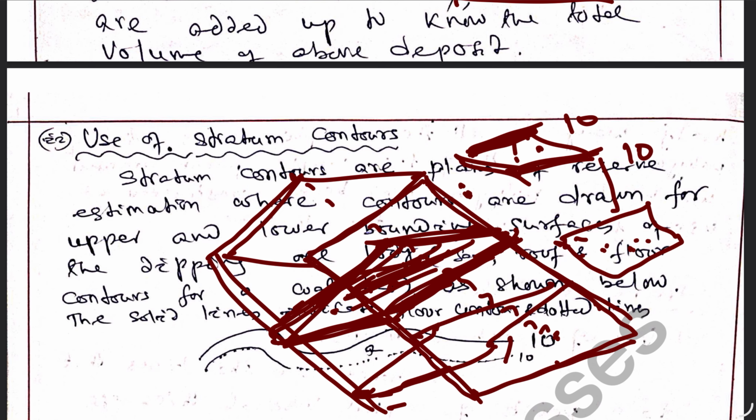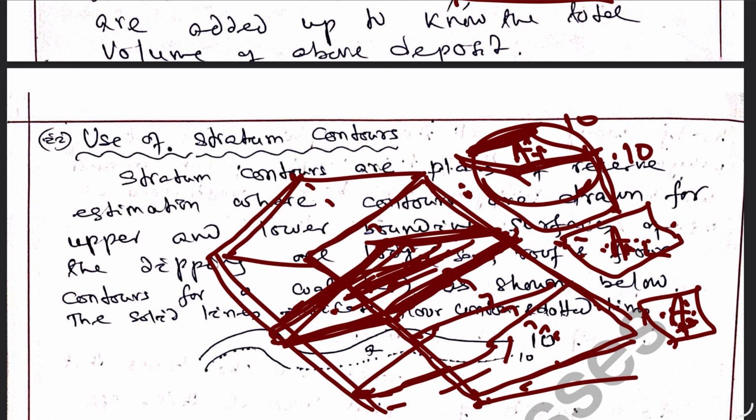So this is the area A1, this is area A2. Let us say at 30 meter it is of this type, so it is A3. That means A1, A2, A3 are the horizontal areas through the whole body at a depth of 10 meter, 20 meter and 30 meter. We can take A1, multiply it with 10 so that this volume is found out.